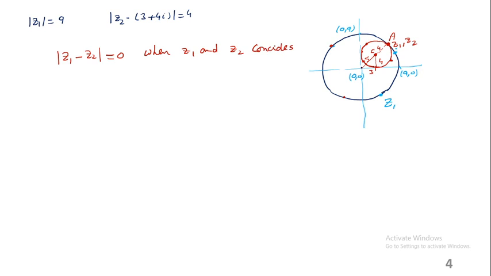For any other points, the magnitude of Z1 minus Z2 will not be 0, it will be larger than 0. So the minimum value of magnitude of Z1 minus Z2 is 0. That is our answer.